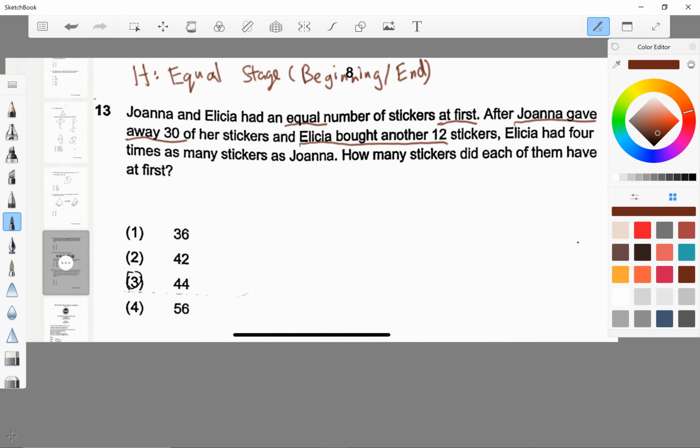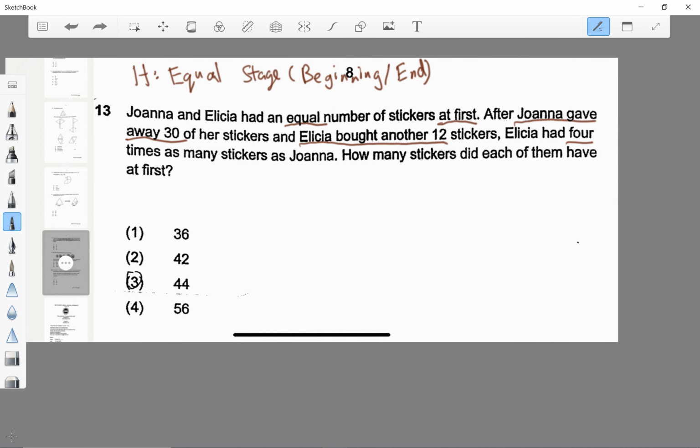As a result, Elisha had 4 times as many as Joanna. So 4 meaning 4 units. Okay, let me just annotate clearly. So 4 units for Elisha, and Joanna gets 1 unit. As a result of that, how many stickers did each of them have at first?